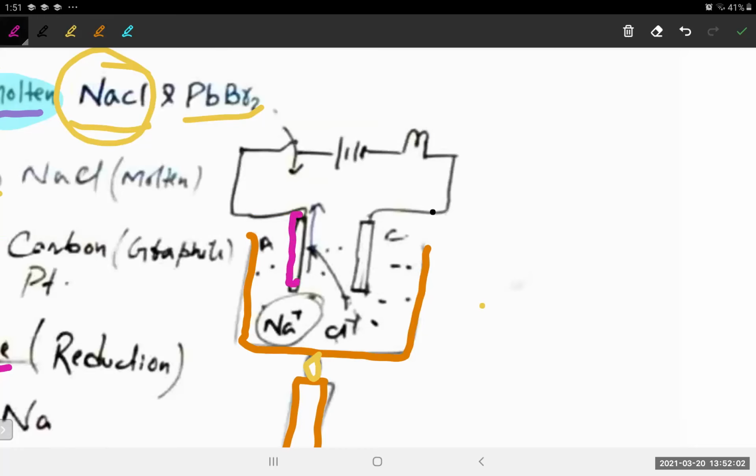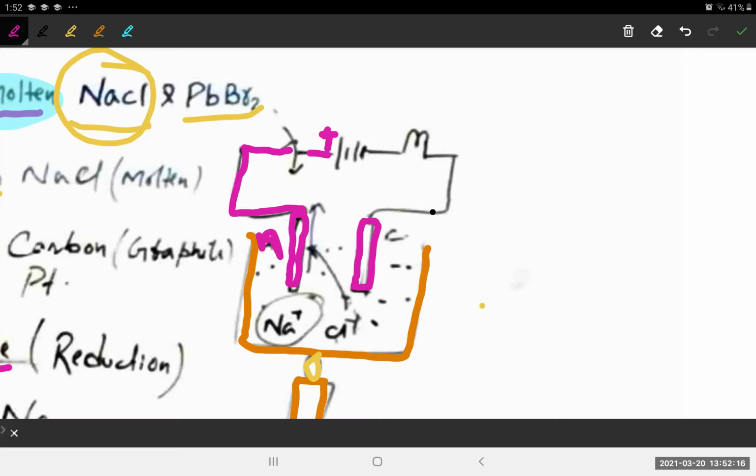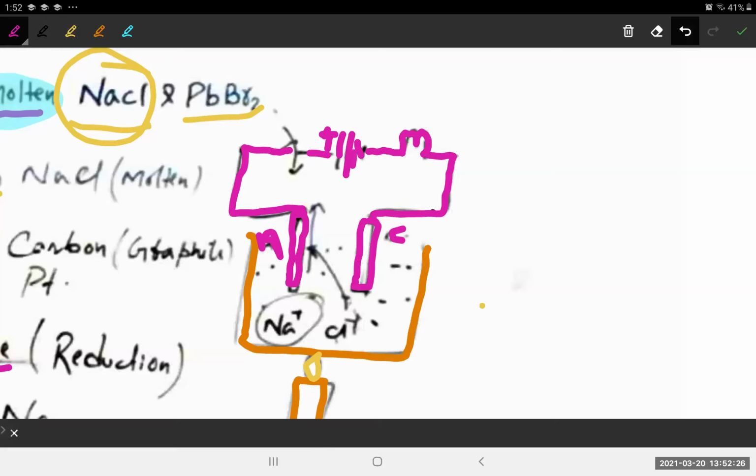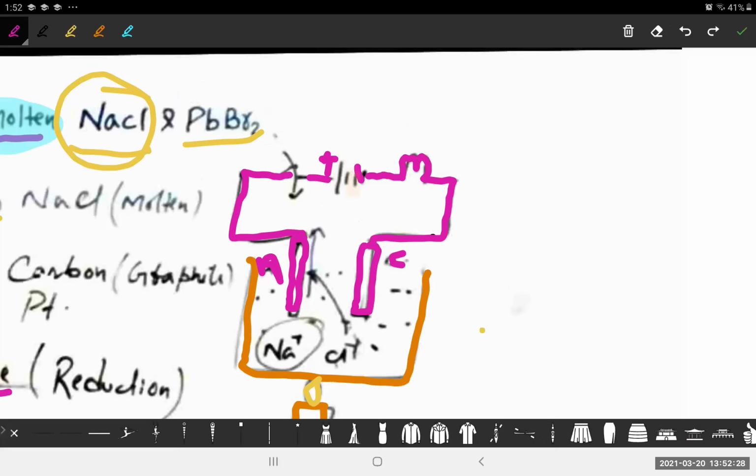This is electrode number 1, this is electrode number 2. Now see, this one is connected to the positive terminal of the battery, so this must be what? Anode. We are doing a revision. And this is connected to the negative terminal of the battery, and here is a bulb. And here the battery is shown like this. So I hope this is clear to everybody.